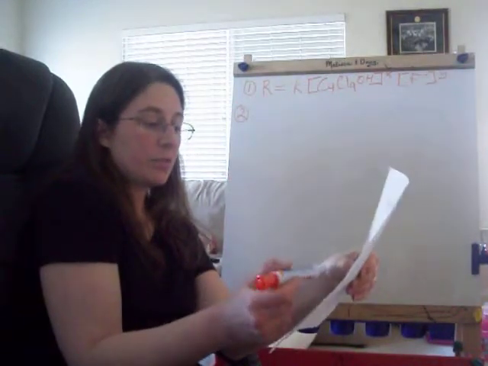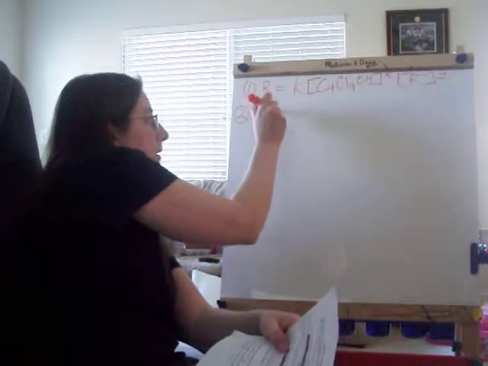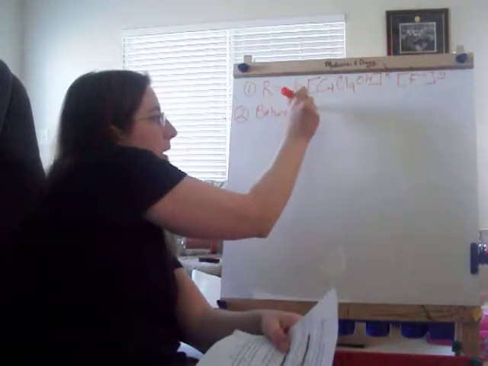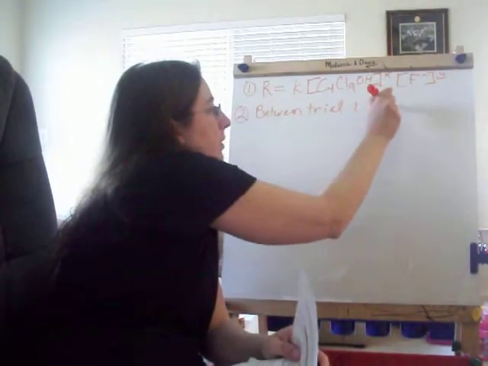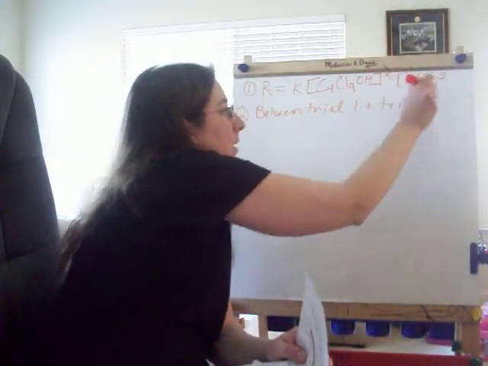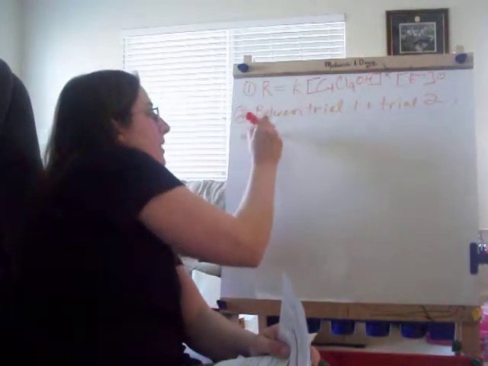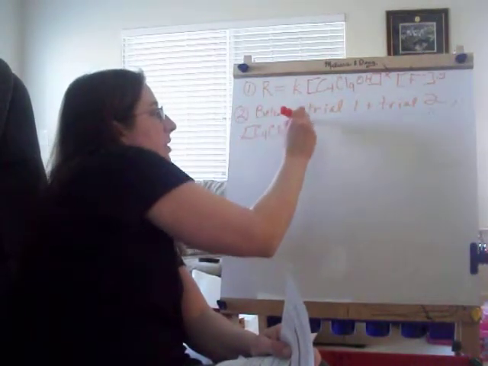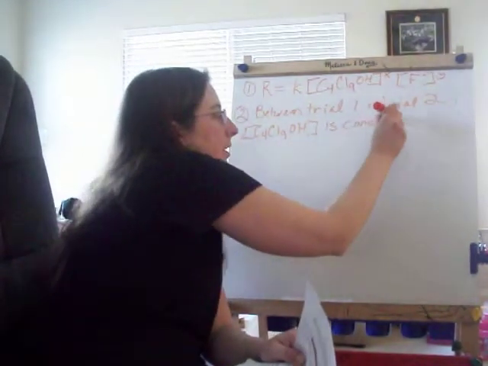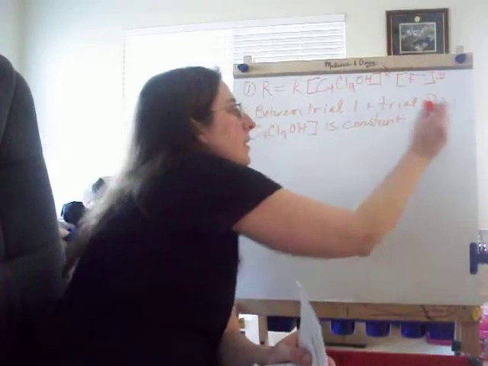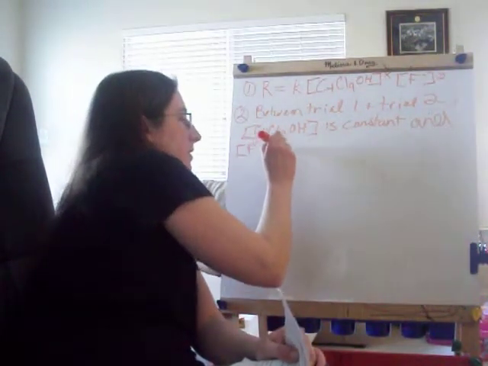The concentration of fluorine ions doubles. So between trial 1 and trial 2, the concentration of C4Cl9OH is constant, so we're not worried about it, and the concentration of fluorine ions doubles.